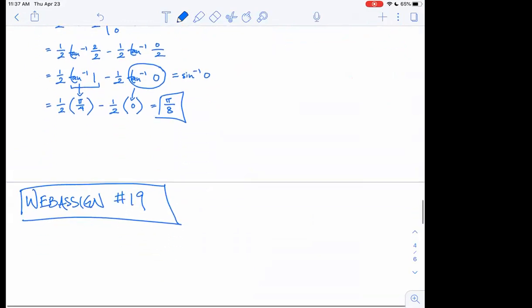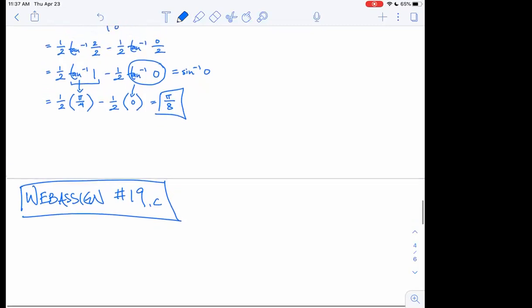Okay. So part C, we're looking at the midpoint rule. So can you tell me what your function is? What is your f of x? Gabby?